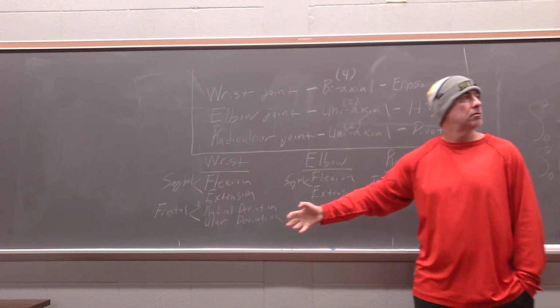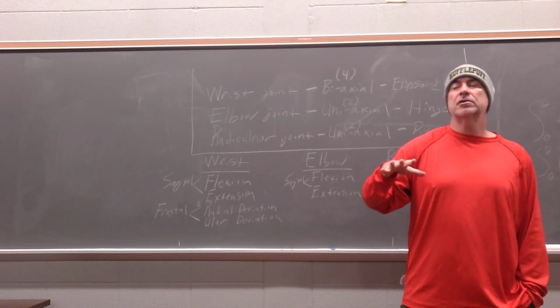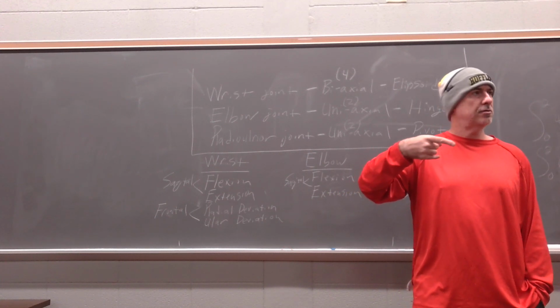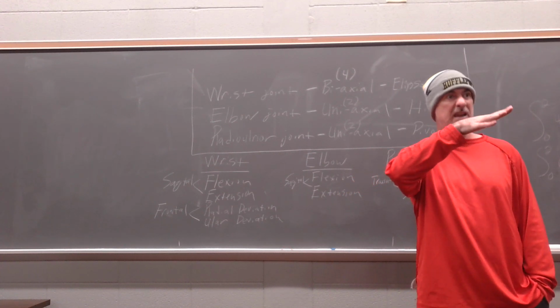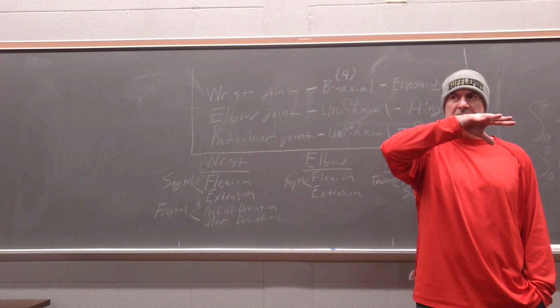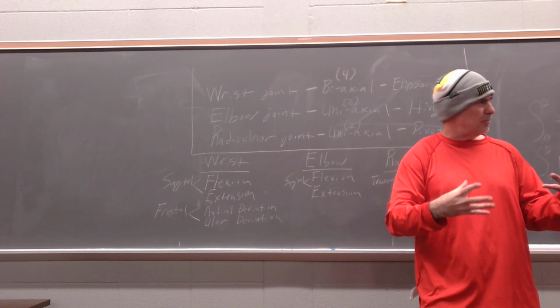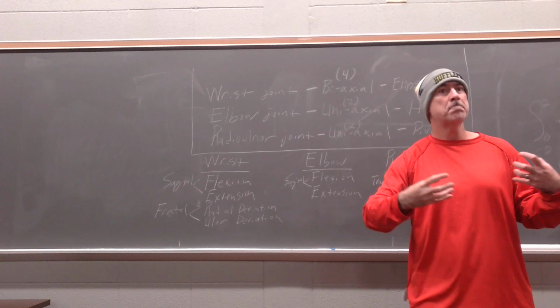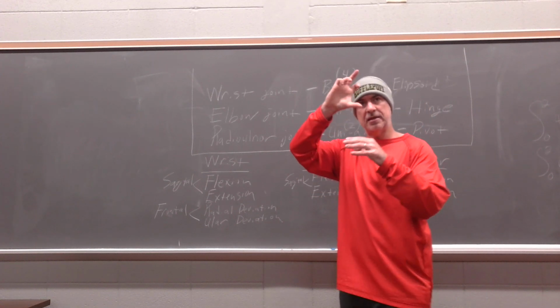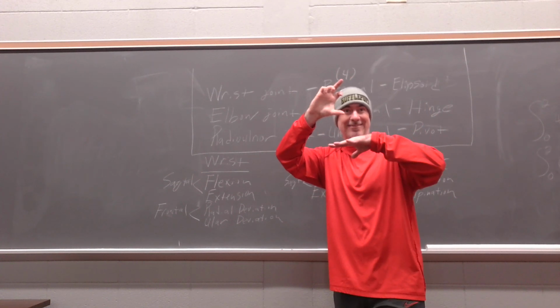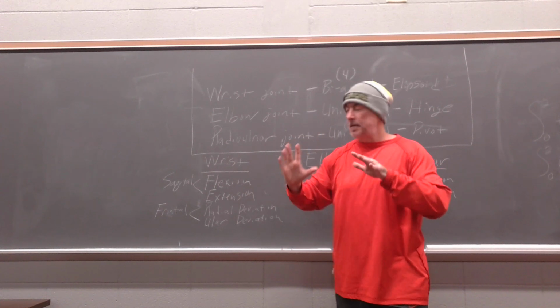Our elbow, remember when we talked about the subtalar and the ankle, how it's like one apartment complex, but it's not the same apartment building? The analogy I use is that the ankle is on the top floor and the subtalar is underneath it, right?